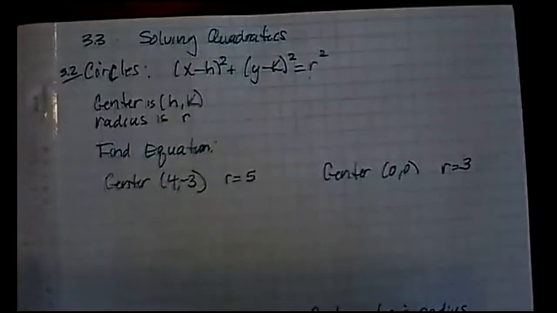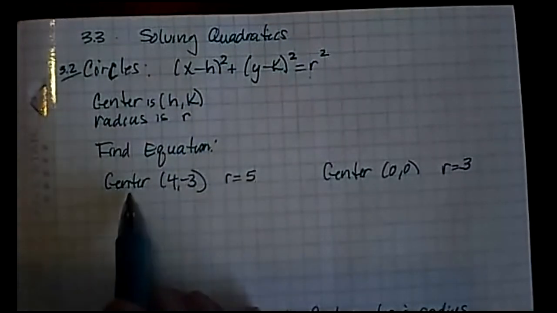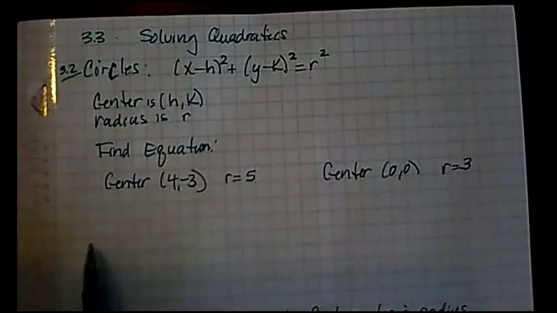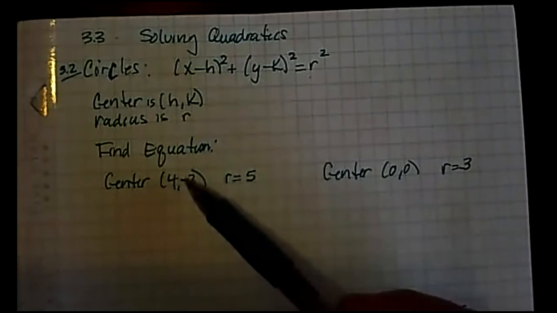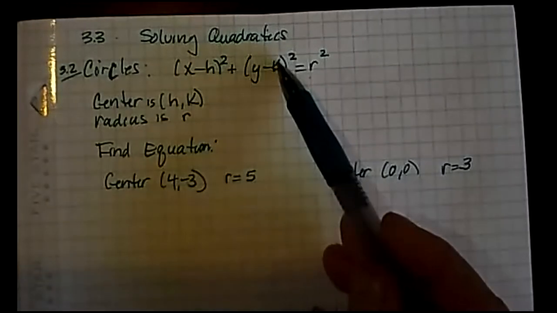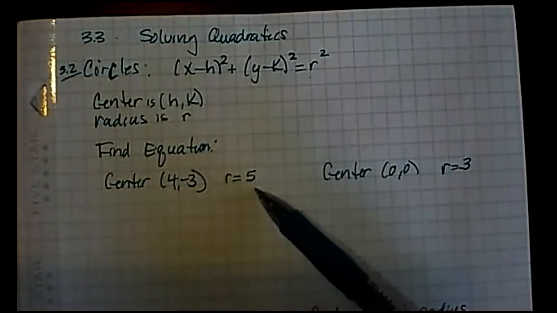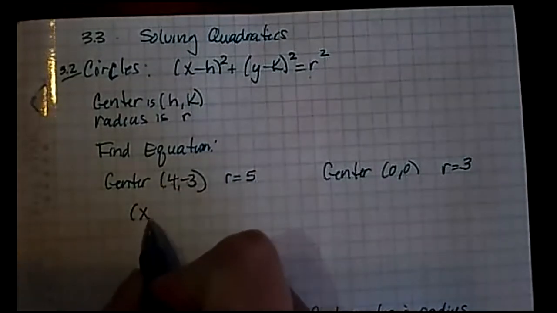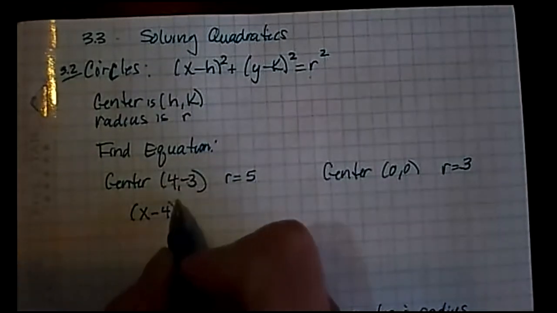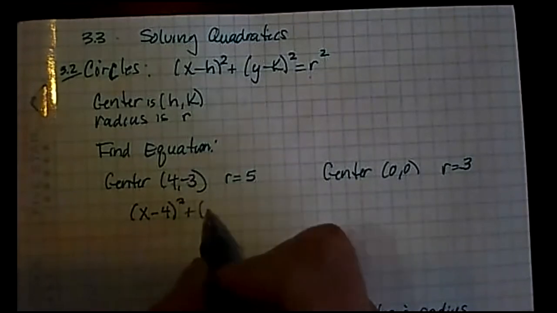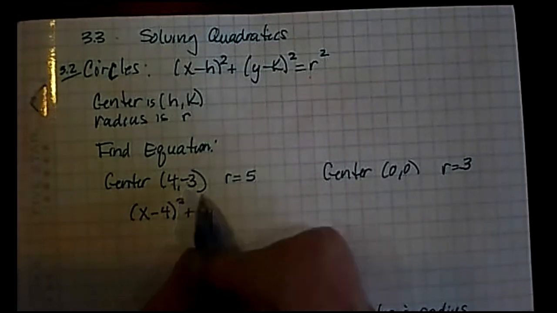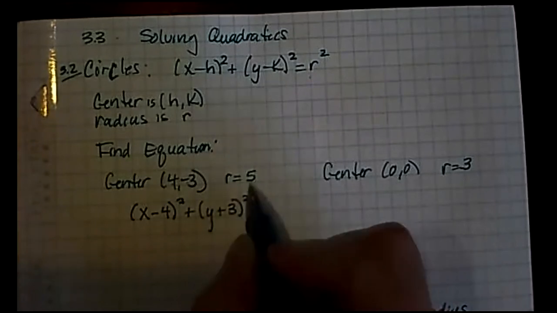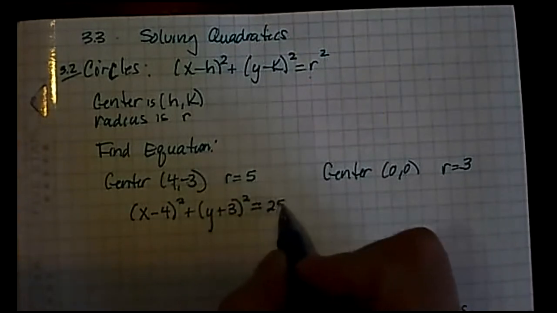You're going to be asked to find the equation of the circle, given the center is (4, -3) and the radius is 5. All I do is substitute in h and k, and then square my radius. So that's going to be (x - 4) squared plus (y + 3) squared equals 5 squared, which is 25.